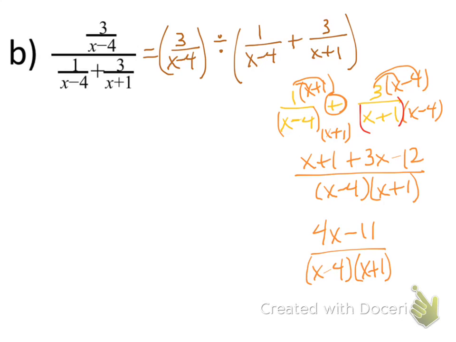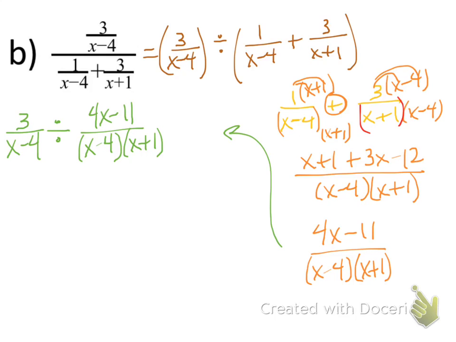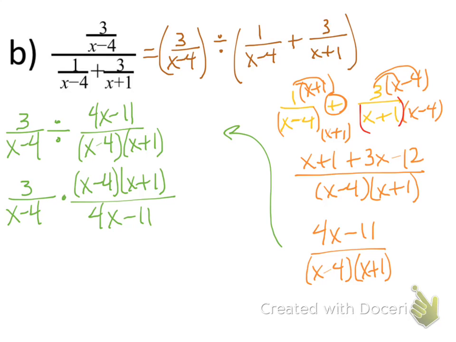And again, let's simplify this, combine our like terms, and now let's go back to that original problem, and we can write this as one fraction divided by another fraction. Again, we can change division now, since we've got a fraction divided by a fraction, to multiplication of the reciprocal.